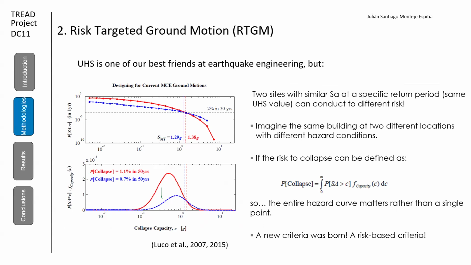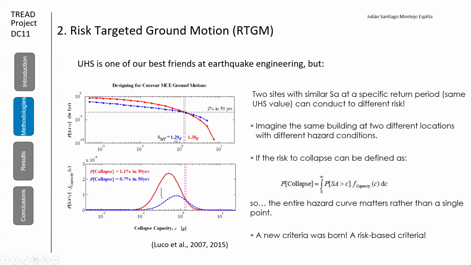So this was a new attempt, and they said, okay, let's move from the hazard part to the risk. Let's see, for instance, this first figure here. Can you see my cursor? We have one hazard curve in blue and one in red. When we estimate the hazard with a probability of exceedance of 2% in 50 years, we can see that the hazard is almost the same, right?